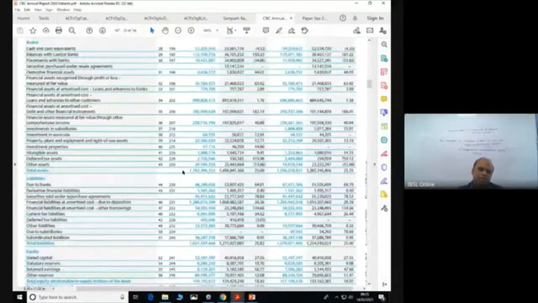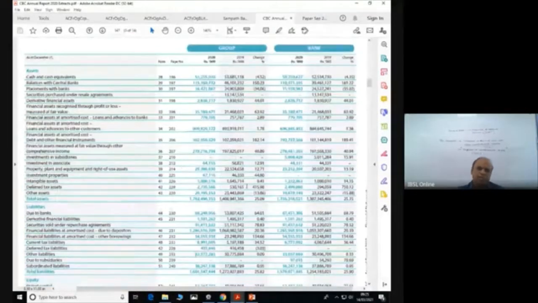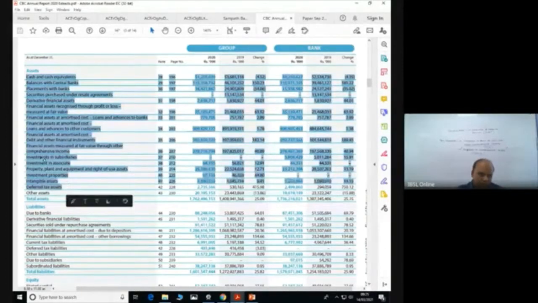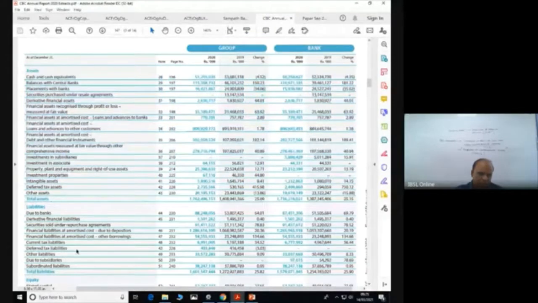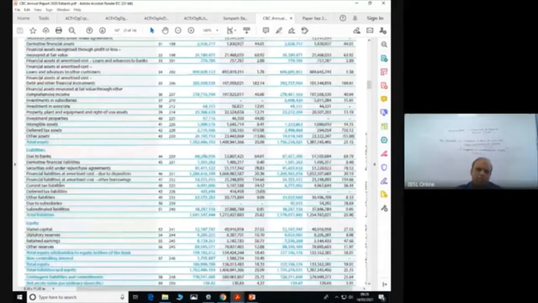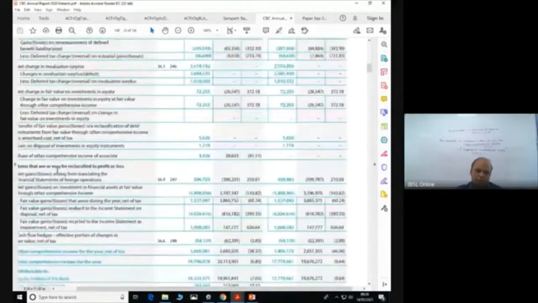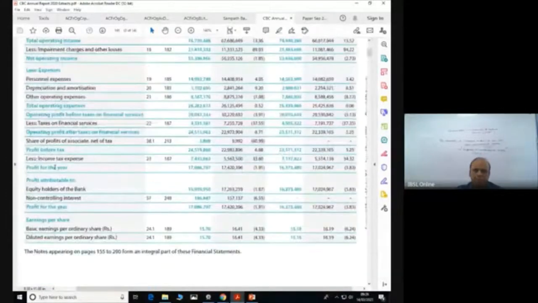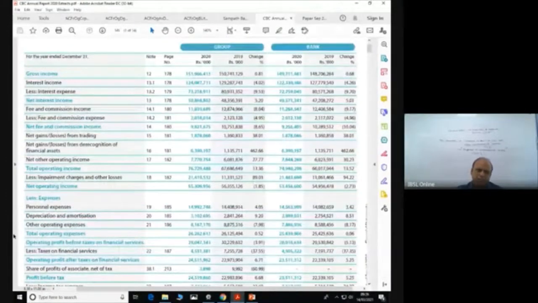And I also said in the statement of financial position and in the P&L, you need to show certain items on the face. Now, what do you mean by on the face? This is the face. What you see here is the face. We call this the face. So these are the items that generally appear in a bank's financial statement. Even in the case of a P&L, this is the face.